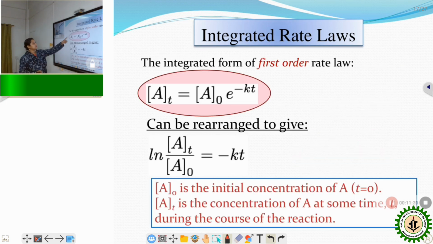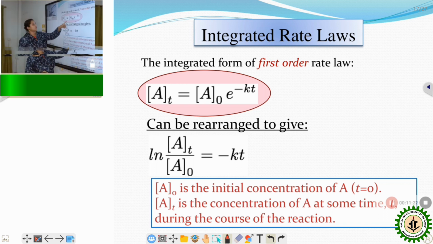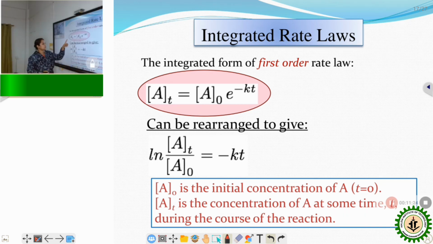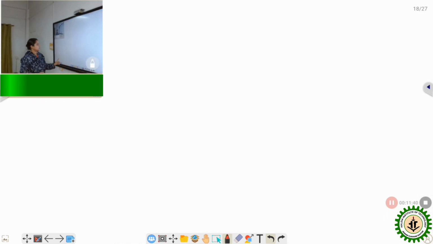So again this standard equation of a first order reaction can also be rearranged by taking ln on both sides in this format: ln(At/A0) = -kt. Again, A0 is the initial concentration when t = 0 and At is the concentration of A at any time t.